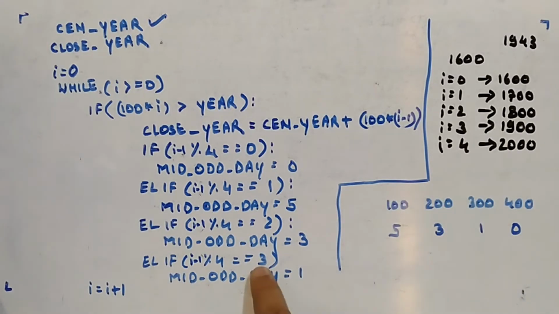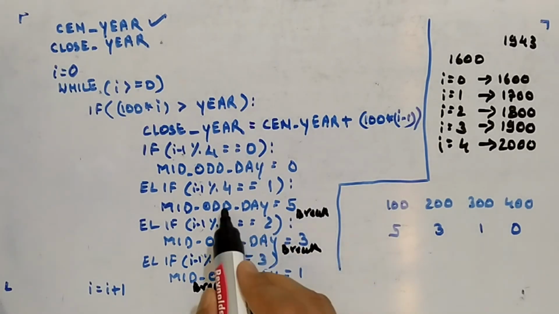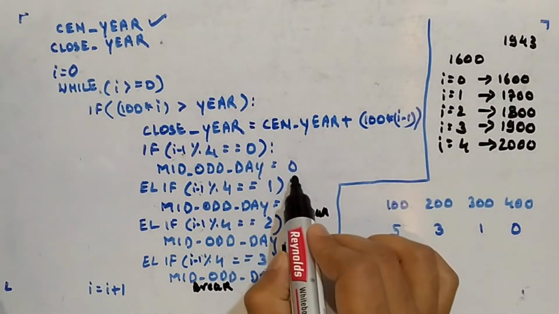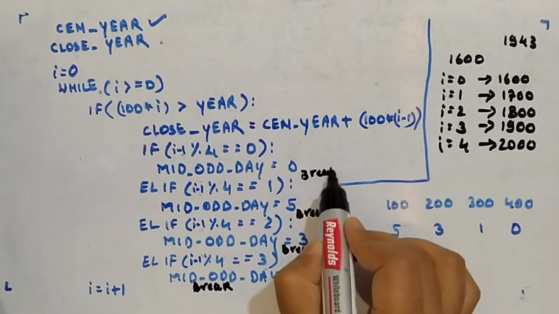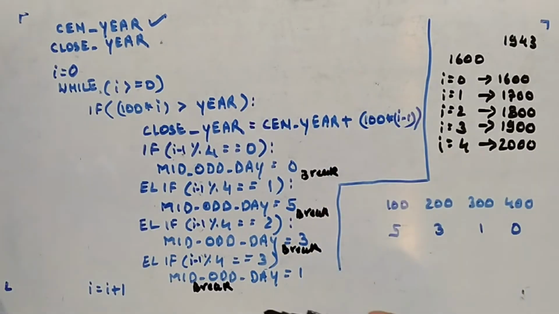Similarly for the last one, if it is 3, then the odd day will be 1. And then it will break. Break will be written everywhere. Below this line I forgot to show you, here also it will be a break. I'll show you in the program, but I am just giving you a rough idea of how to execute it.